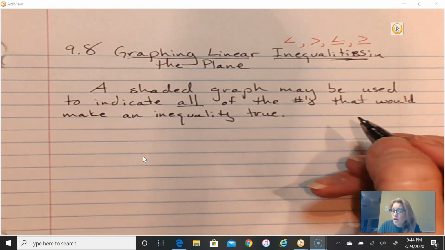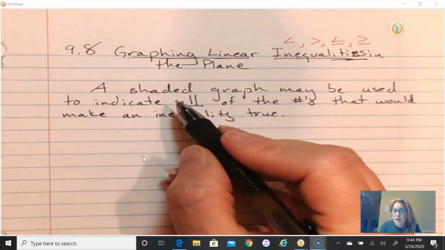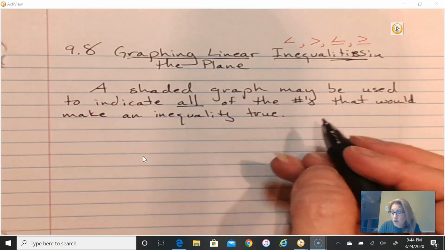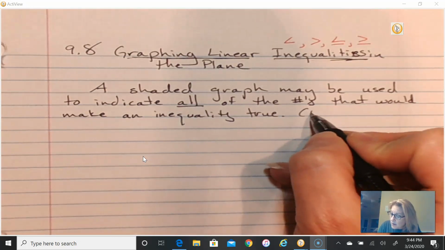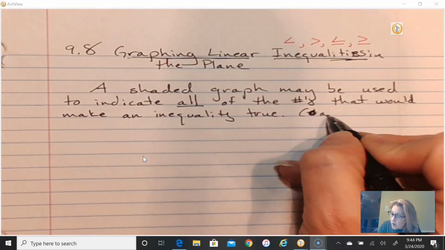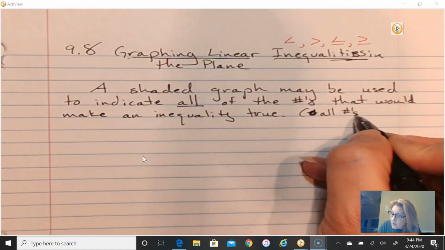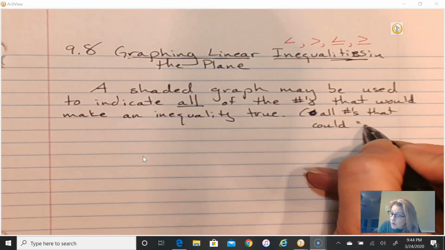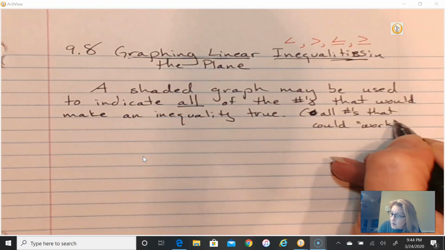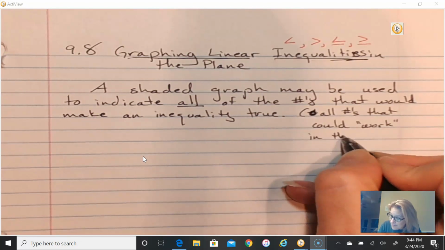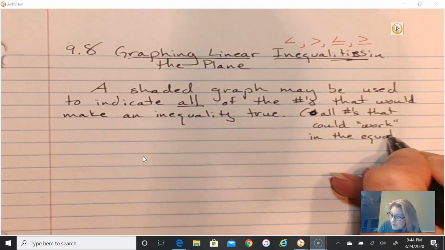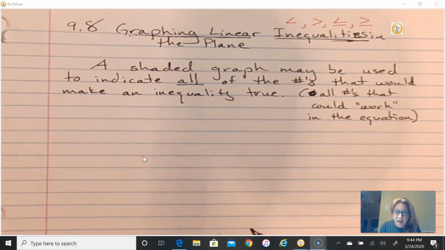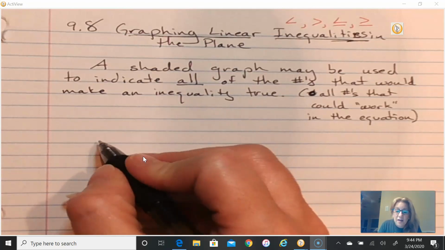Meaning the shaded part are all the numbers that could work. In fact, I'll put that: all numbers that could work in the equation. There, I added that from last year's stuff. Okay, and I'll explain all that.